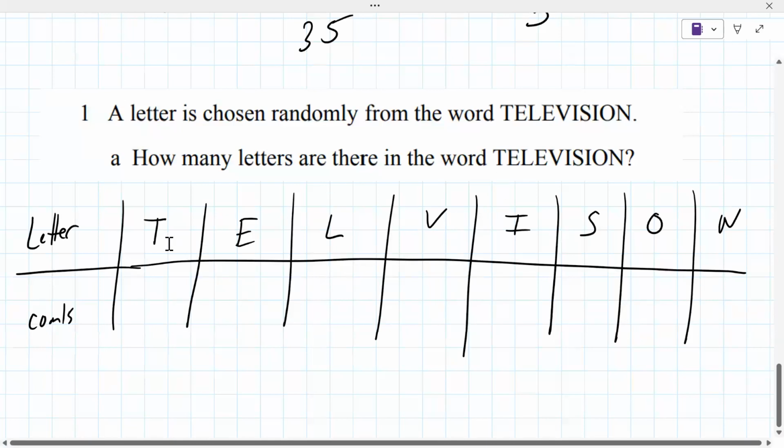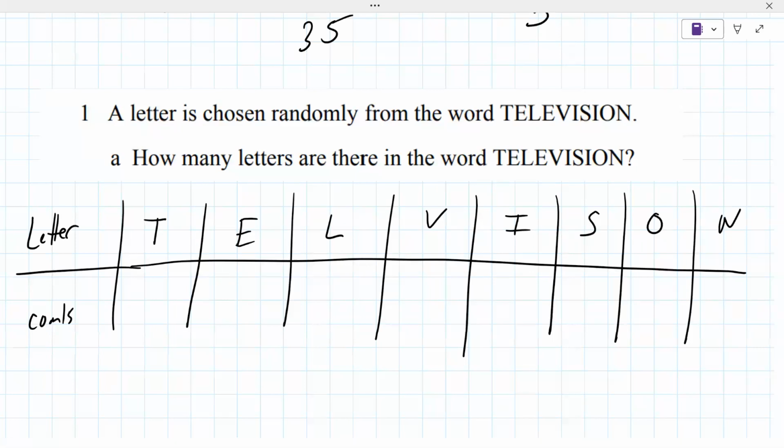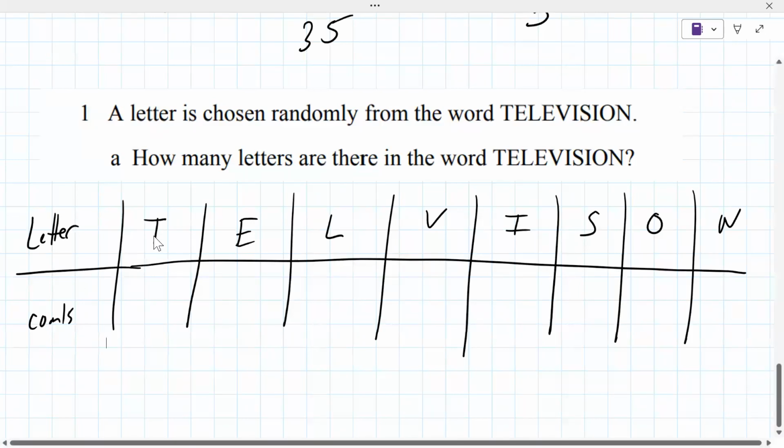There are 8 unique letters, but the word itself has more than 8 letters in it, which is a small distinction, but an important one. There's 1 T, 1 E, 1 L. I'm asking you to count the number of T's, the number of E's, and give me those numbers here.